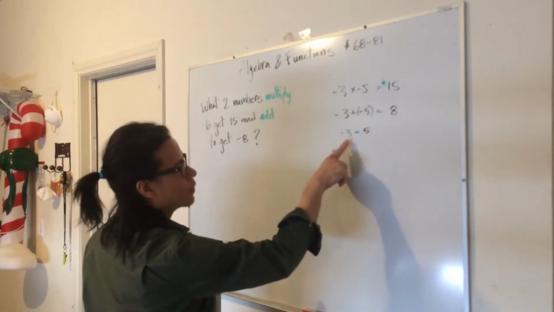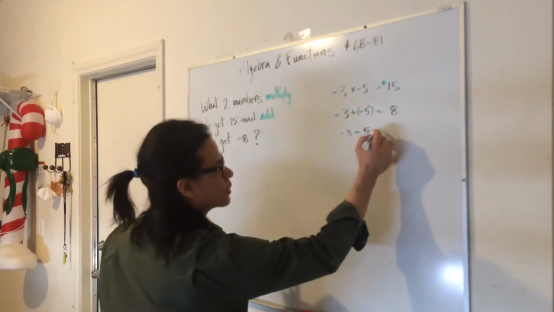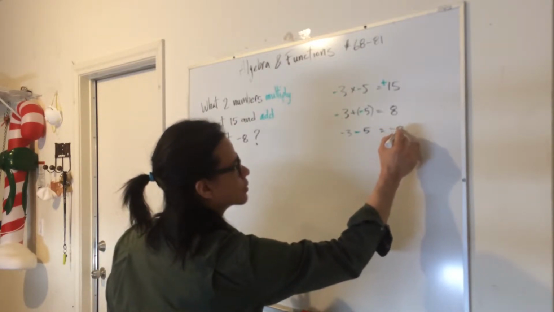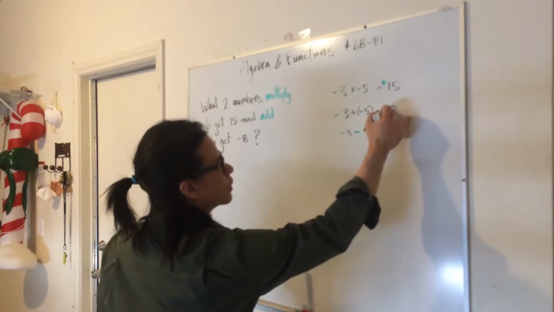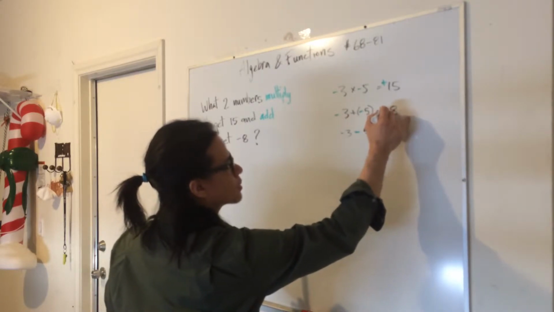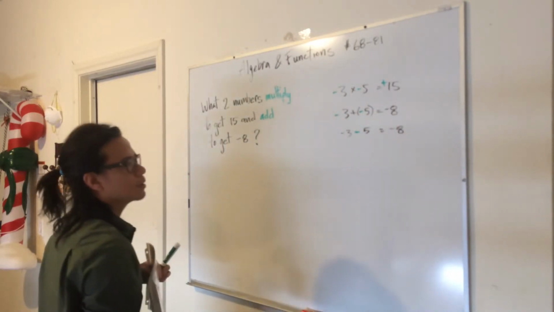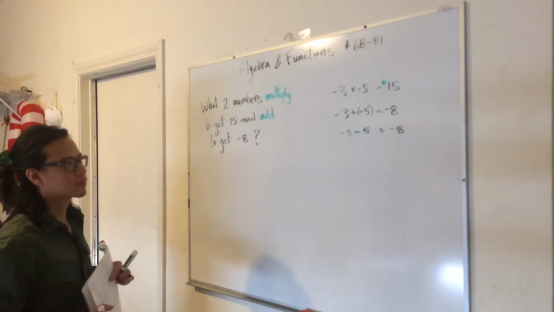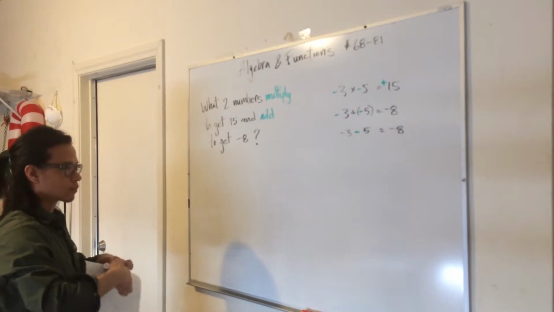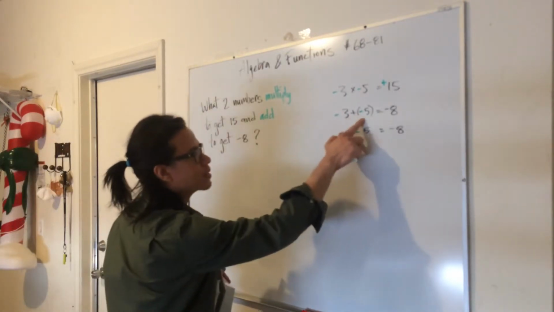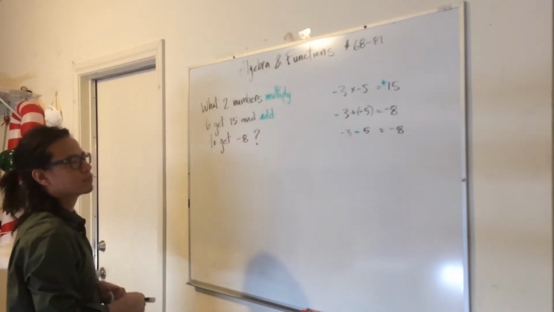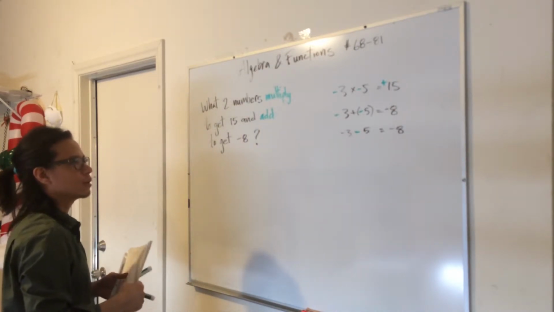Okay, so we've got negative 3 minus 5 gives us negative 8. So this would be the solution to that question there. Watch out for these signs here. The plus and the minus turns into a minus. Okay.